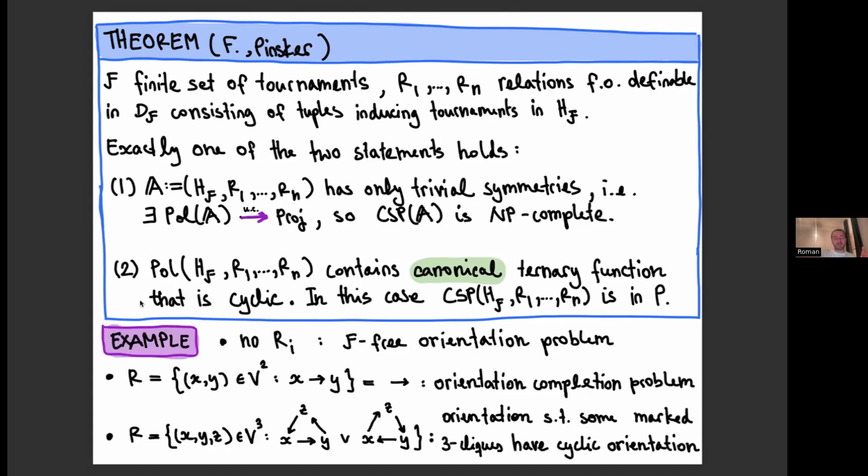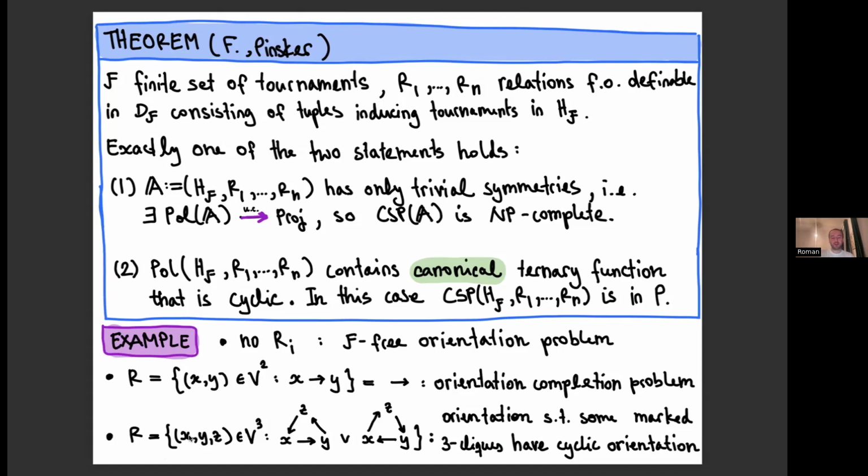So what does this theorem give us? If we don't choose any of the relations Ri whatsoever, then we just have the CSP of HF, which is the F-free orientation problem. If we take R to be just the edge relation, as I said earlier, then this will give you the orientation completion problem. But we could also, for example, let R be this set.